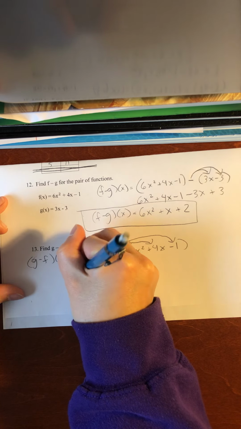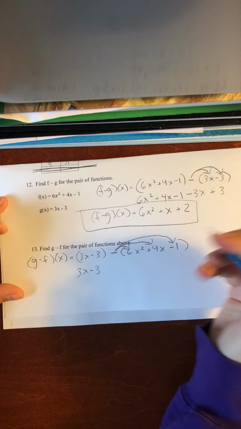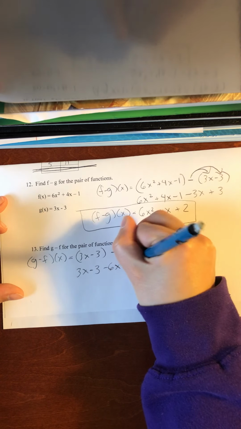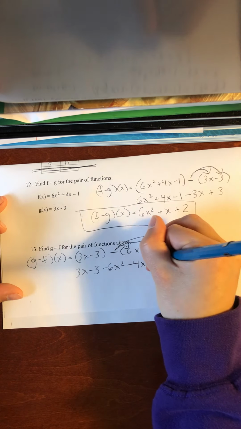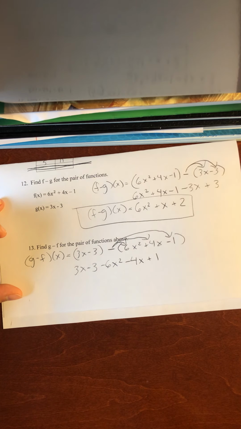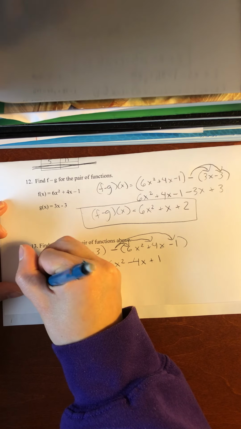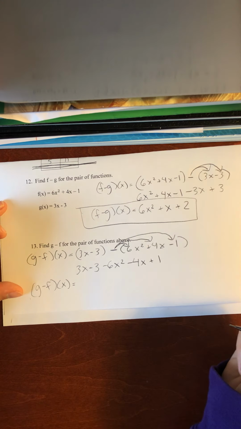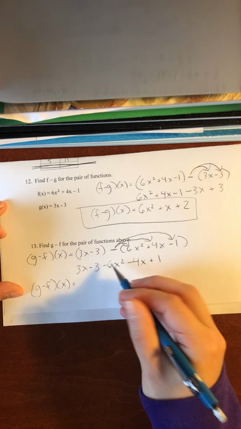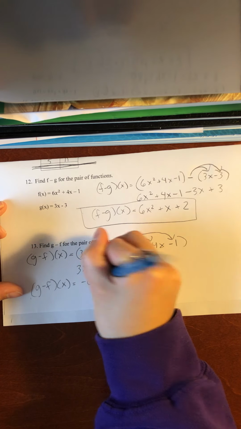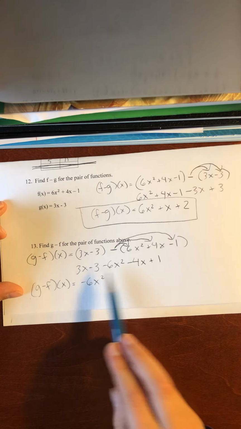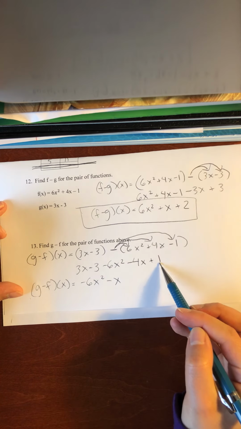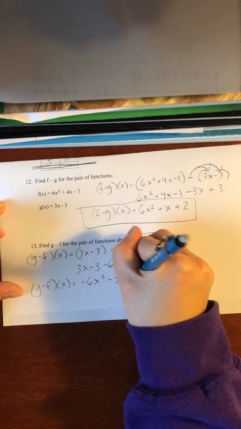So now we have 3x minus 3 minus 6x squared minus 4x plus 1. g minus f of x equals, we're going to list this first, negative 6x squared. Then we have 3x minus 4x, that's negative x, and we have negative 3 plus 1, which is negative 2.